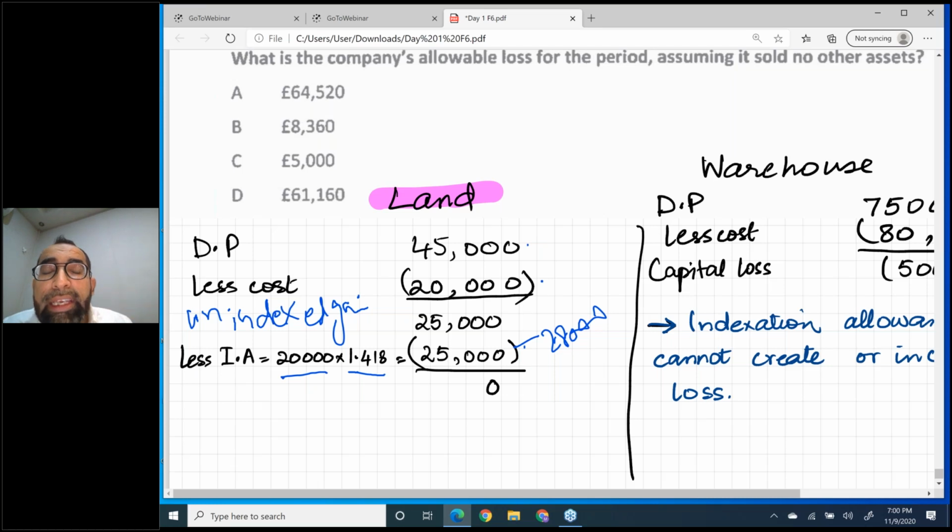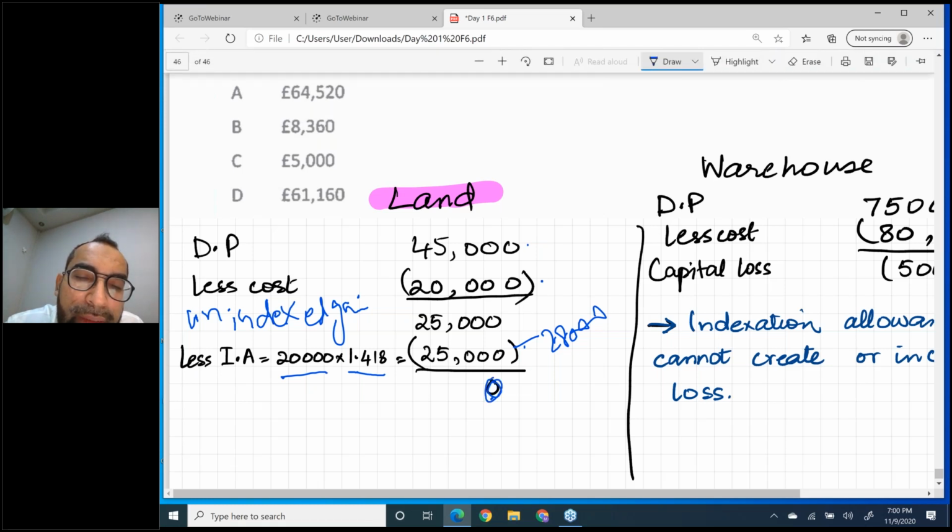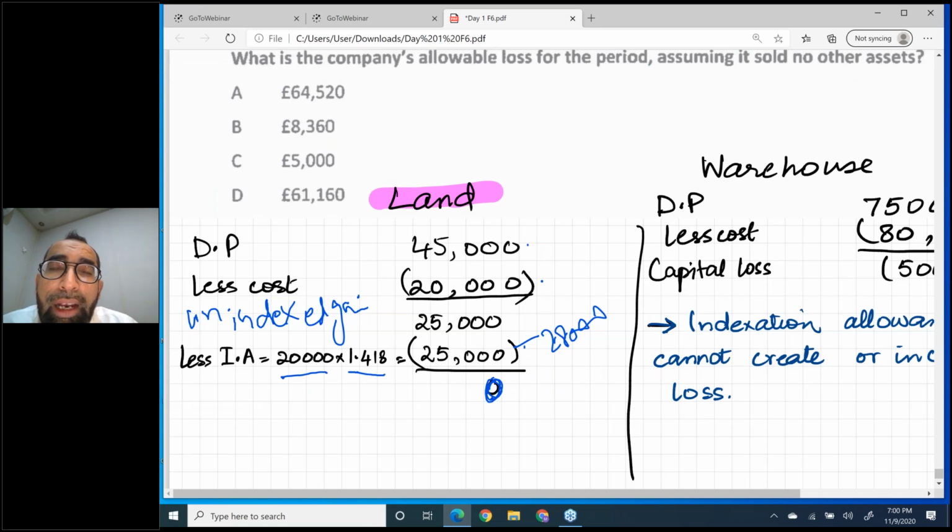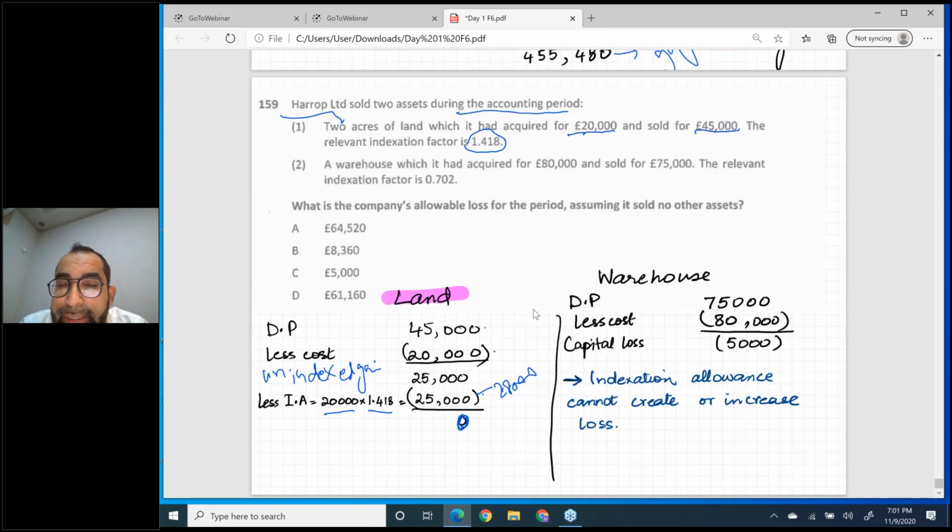So if you get a negative number because of indexation allowance, you just write 0 and restrict your indexation allowance to the amount of your unindexed gain. You can only make it 0, you can't make it a negative number or a loss. Be very careful. So in the first transaction, the land, the answer is 0.